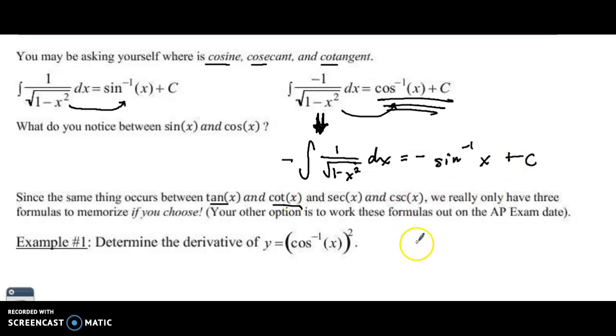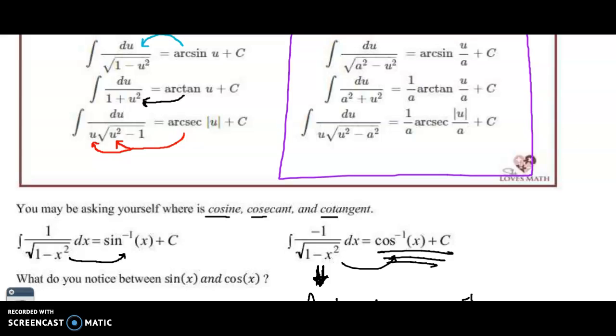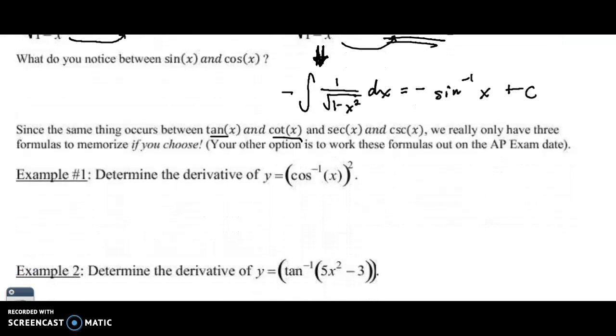So instead of writing this down, I'm just going to tell you that if I had arc cotangent, there would be a negative in this problem. And so the negative of this is arc cotangent of u plus c. And same thing with arc cosecant would be a negative in front. But again, you will not see that. You should not see that as well, is what I'm saying.